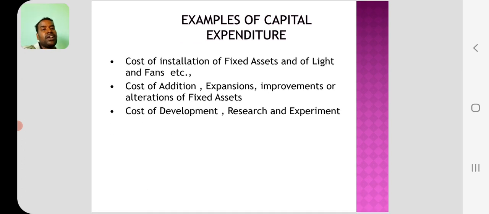Lights and fans may exist for more than 10 years. Then there is the cost of addition and expansion, improvements, alterations of fixed assets. Alteration means some modifications. Cost of development, research and development, experiment.